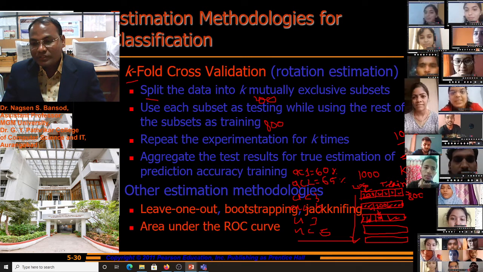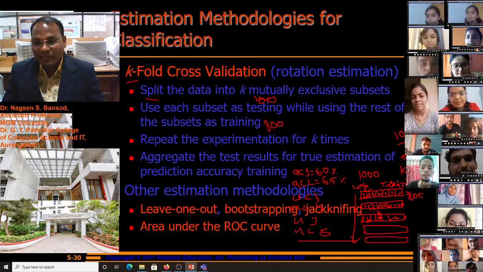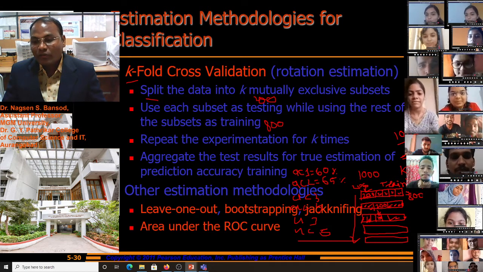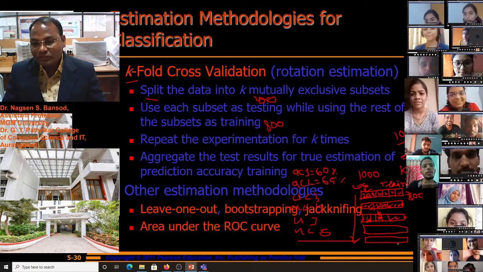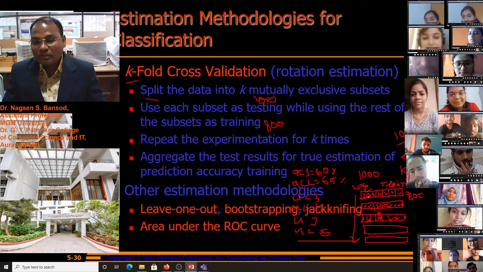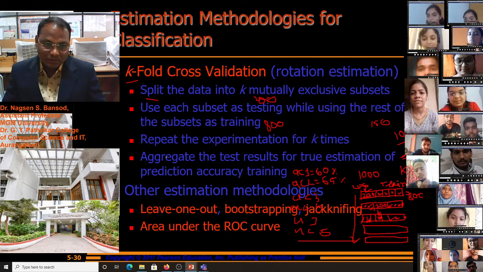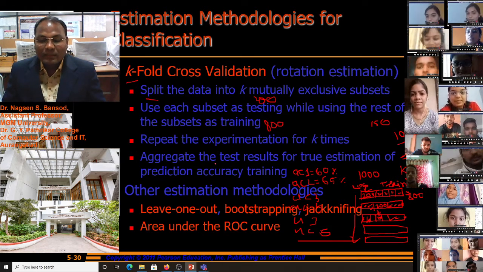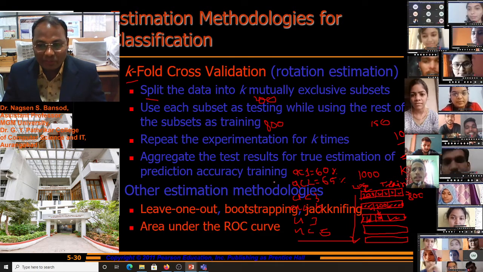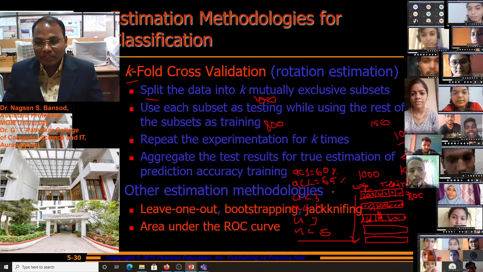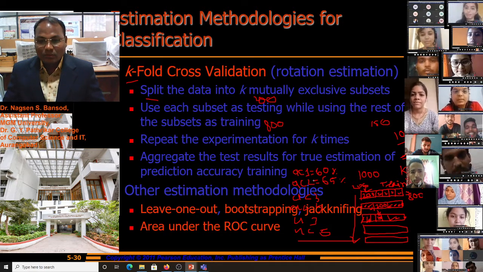Whatever the value of k, that many times we repeat the experiment. If we make k equal to 6, then there will be 6 parts and the testing sample will be about 150, like this. Aggregate the test results for a true estimate of the prediction accuracy. We find the mean, meaning we aggregate the accuracy over the k-fold training.